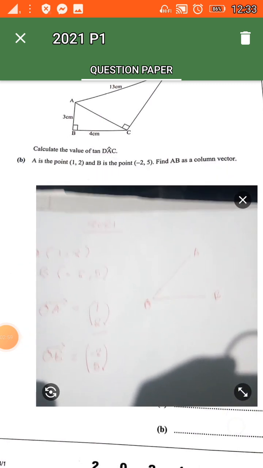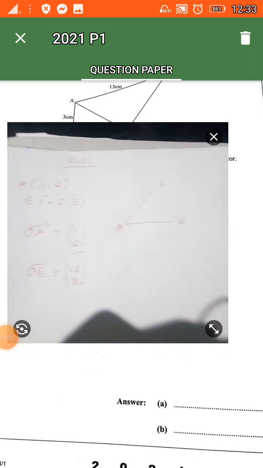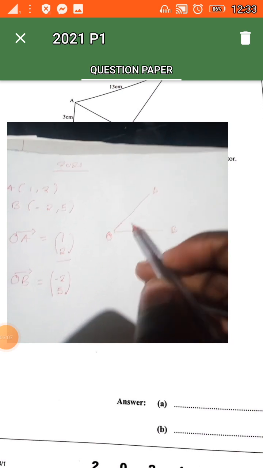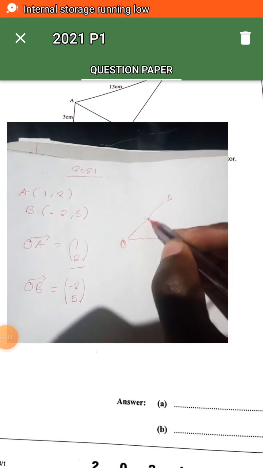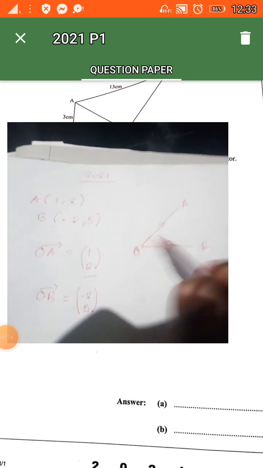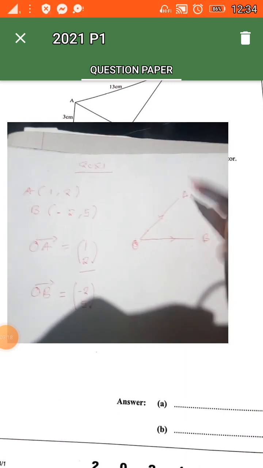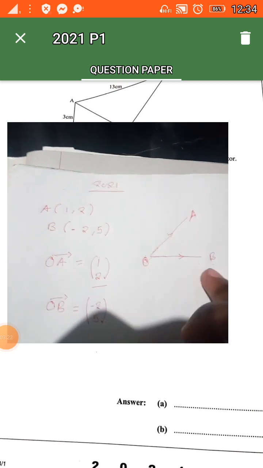So we have O going to A and O going to B. These are the directions where we are moving. That is OA and OB.